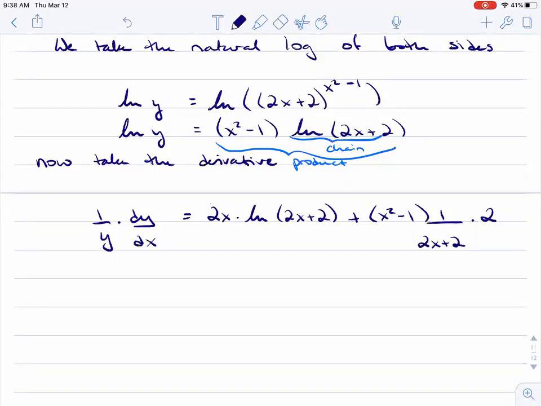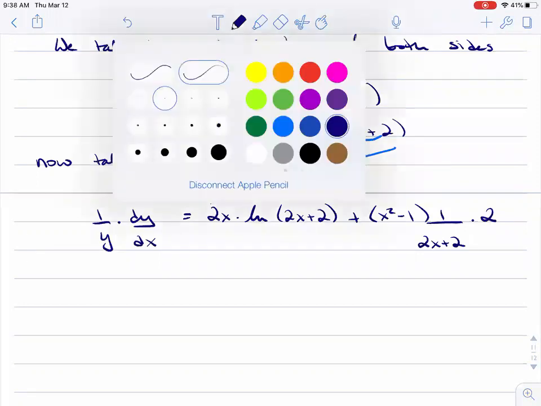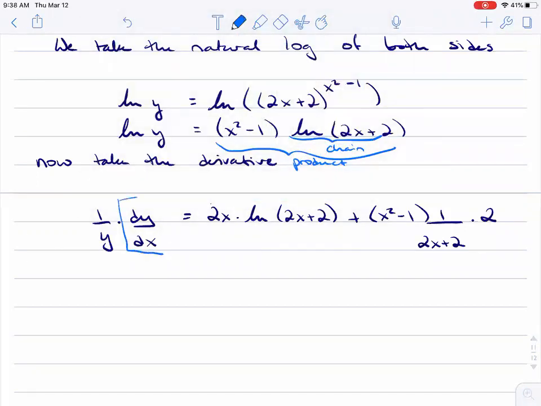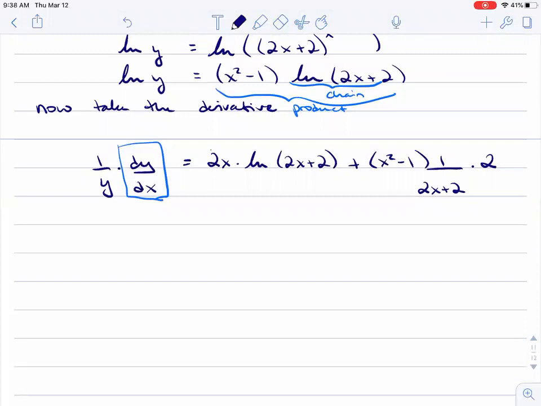We can simplify this a little bit, and remembering that we want to solve for dy/dx, right? And so we want to solve for this guy here. So we've got, I'll keep the 1 over y for another step here, dy/dx, which is going to be, okay, here we go. What can we do? Not a whole lot, actually. I can bring that 2 on top.